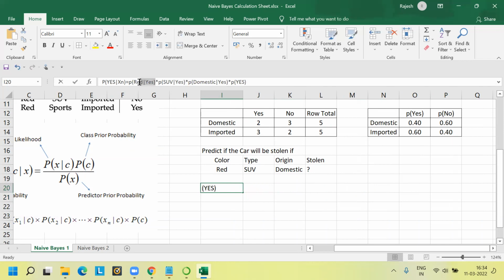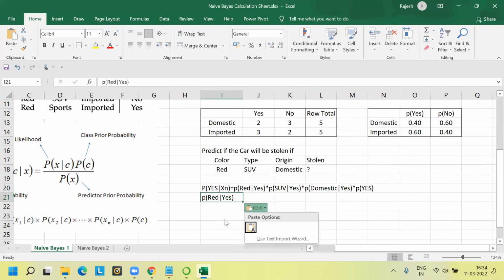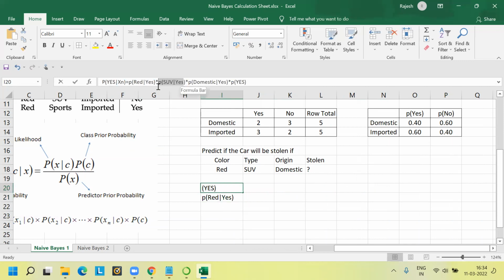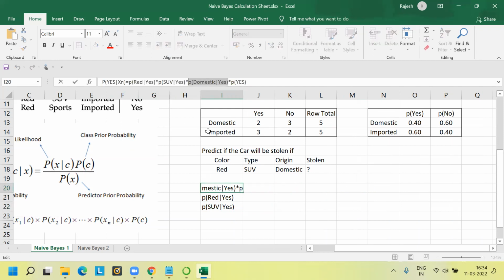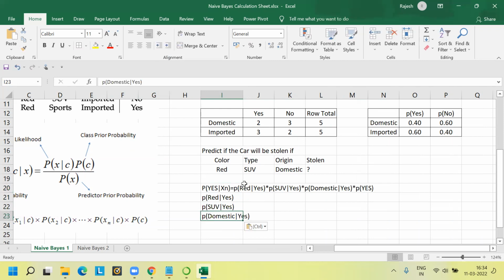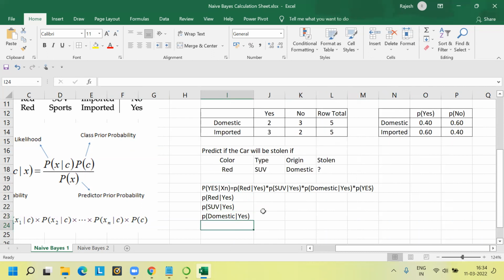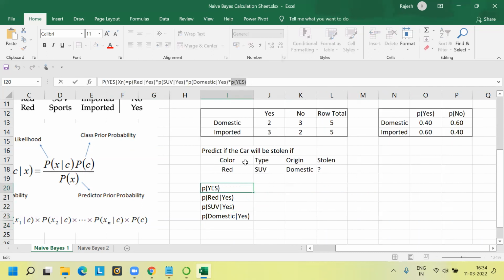So we have to find out probability of red given yes, probability of SUV given yes, probability of domestic given yes, and the last one, probability of yes.